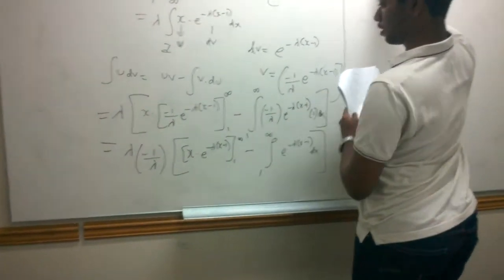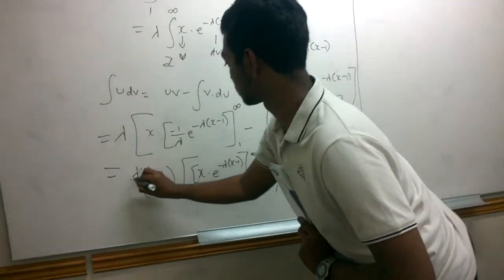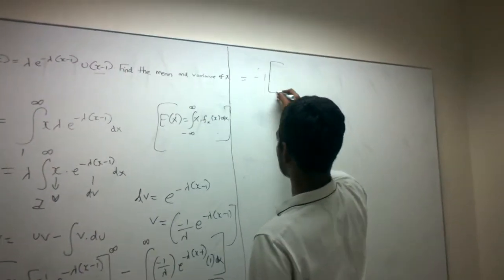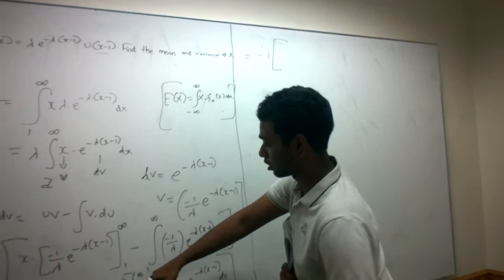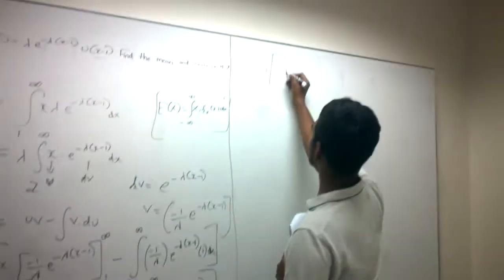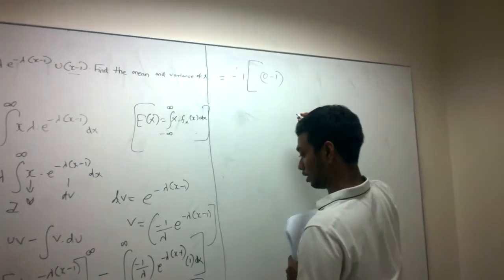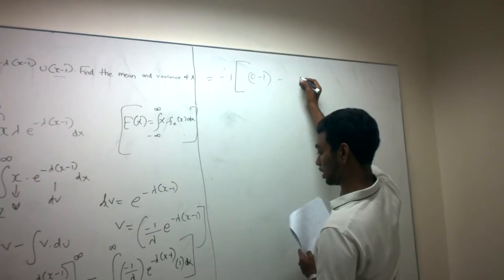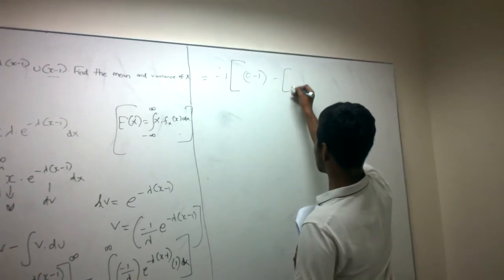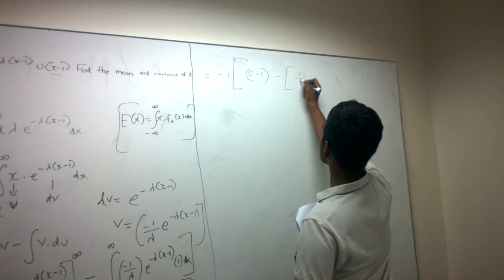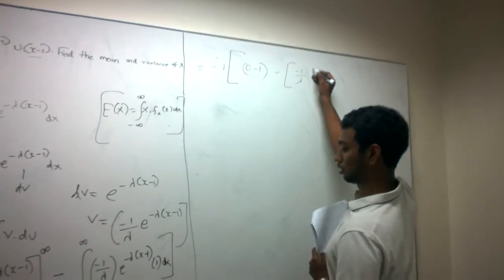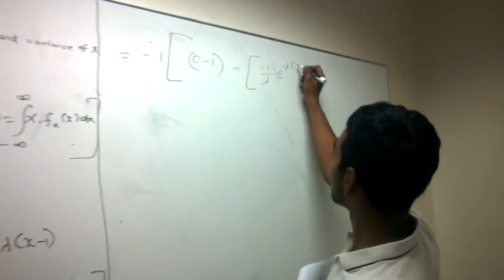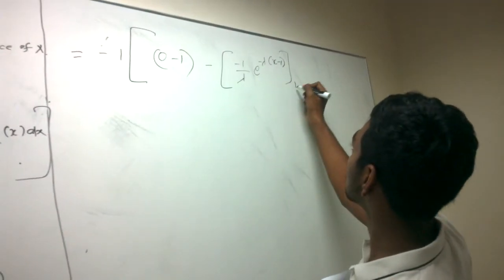So it's going to be minus 1. I'm going to cancel this term. It's going to be minus 1 into, substituting the limits, 0 minus 1, and this term is going to be minus of minus 1 by lambda e power minus lambda (x minus 1). Again, the terms vary from 1 to infinity.